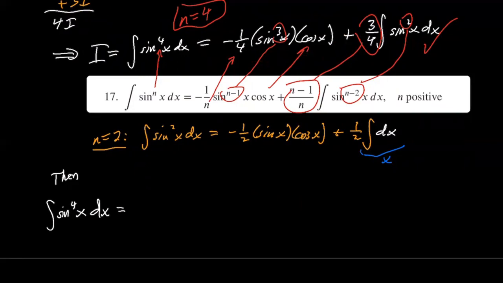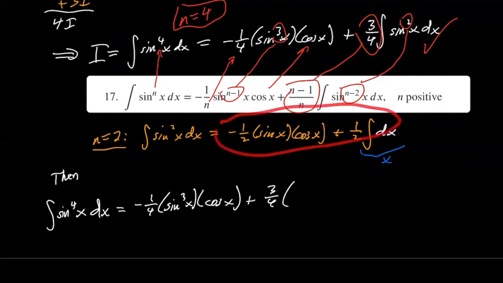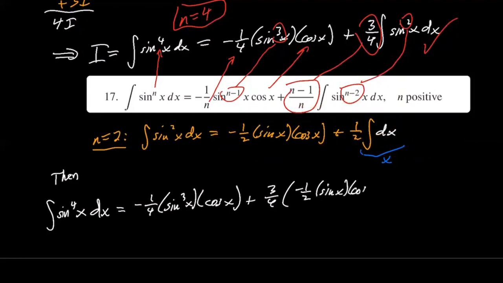I'm just going to copy that, -1/4 sine cubed x times cosine x plus 3/4, and then I got to copy this whole thing in right where that was. So 3/4 times -1/2 sine x cosine x plus 1/2 x. And then there should be a plus c at the end, right?